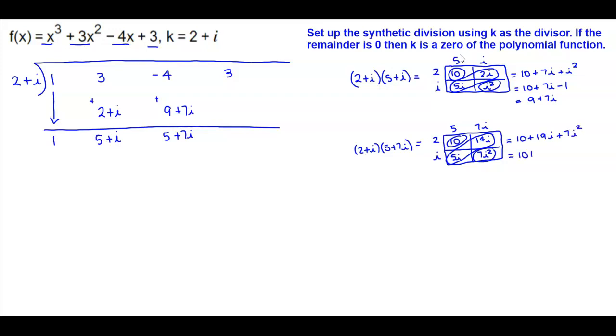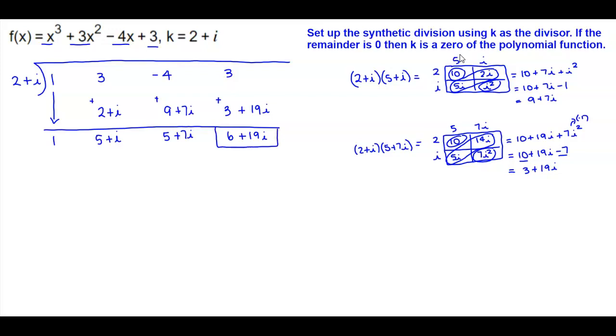Well, this is 10 plus 19i, and this is 7 times, well, i squared is -1. 7 times -1 gives us -7. 10 minus 7 is 3 plus 19i. So over here we get 3 plus 19i. So now we're going to add 3 plus 3, which is 6, plus 19i.